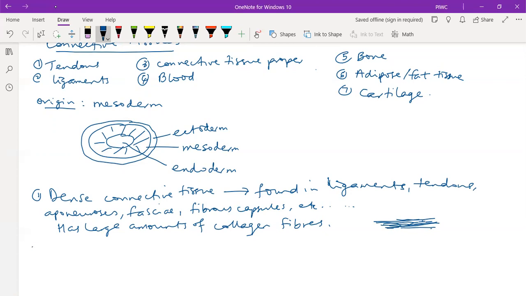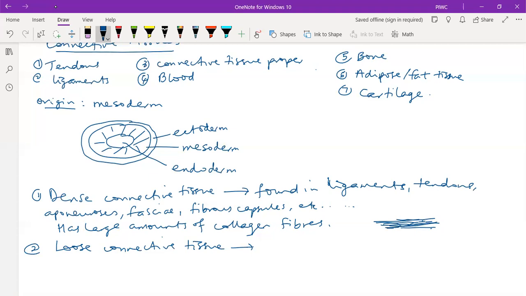Then the second one will be the loose connective tissue. Now, the loose connective tissues, on the other hand, contain relatively few collagen fibers. So this tends to have more ground substance and tissue fluid. Right?